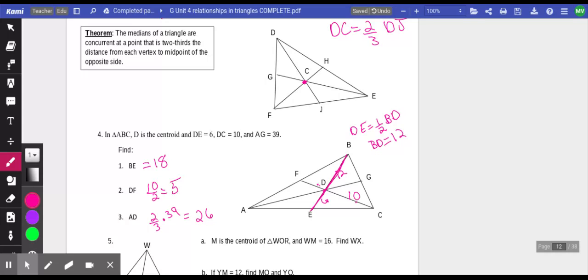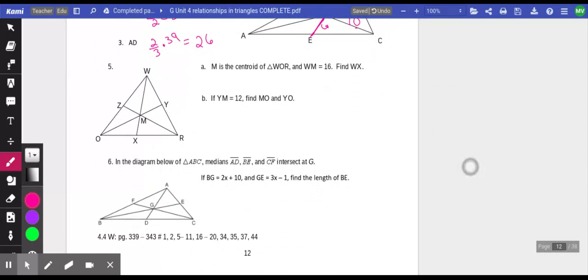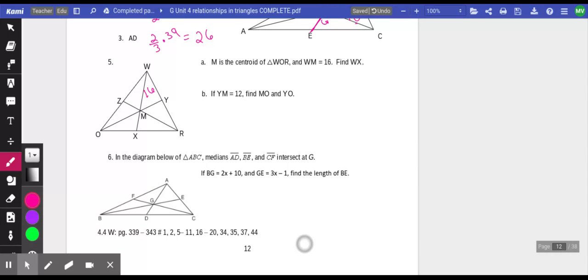So here are two more examples. I want you to pause and try number 5 and come back and we'll do number 6 together. Okay, so hopefully you paused. So WM is 16. And I know M is the centroid, so I want to find WX.